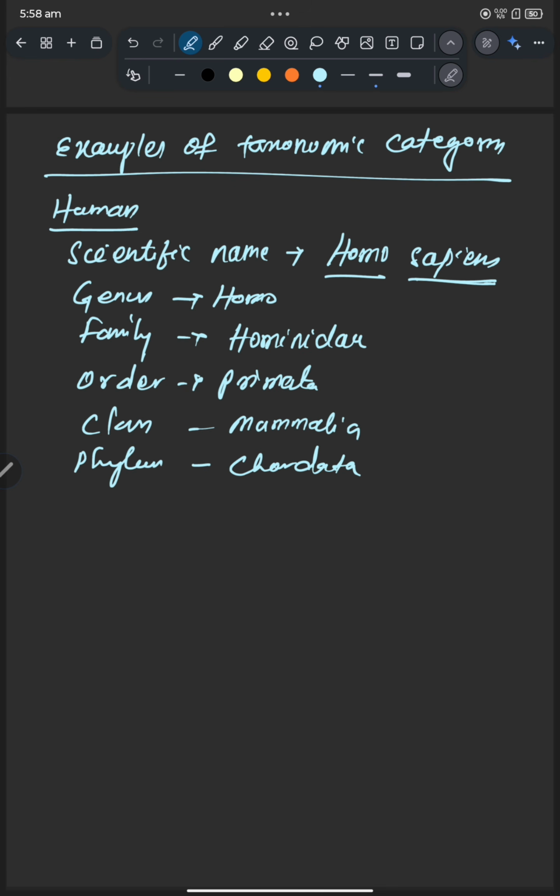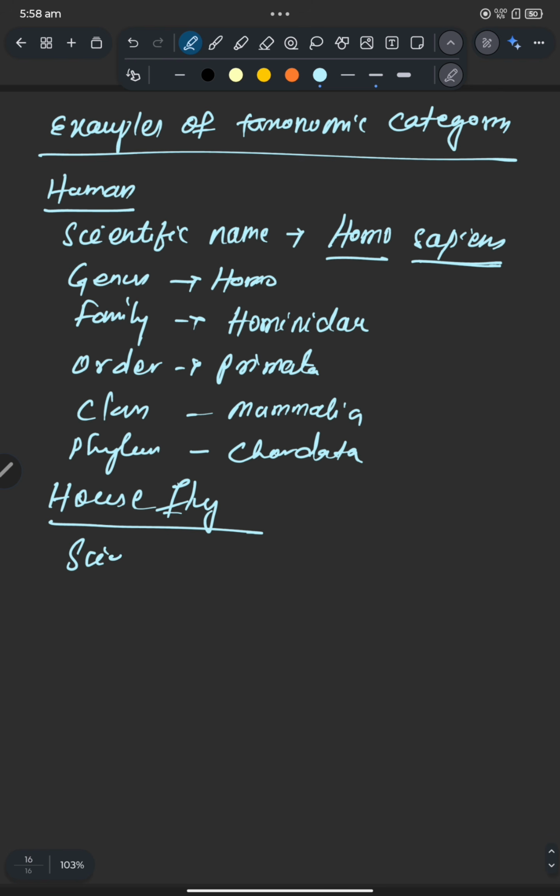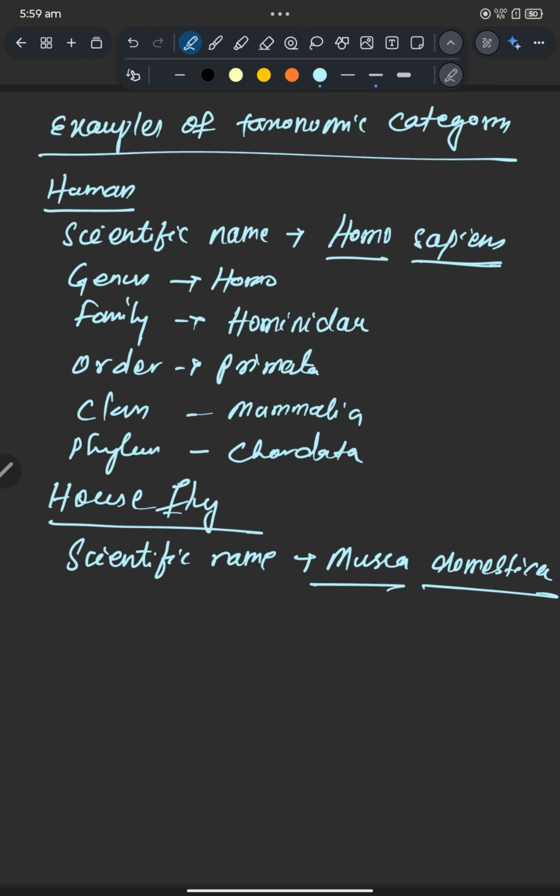Okay. The next example is housefly. These examples are given in your textbook, so you have to remember this. Its scientific name is Musca domestica. Don't forget to underline.